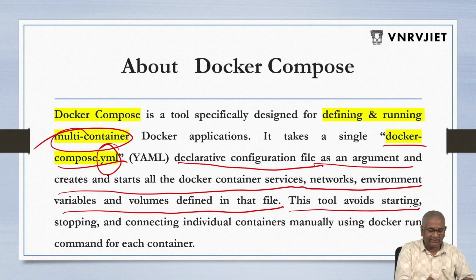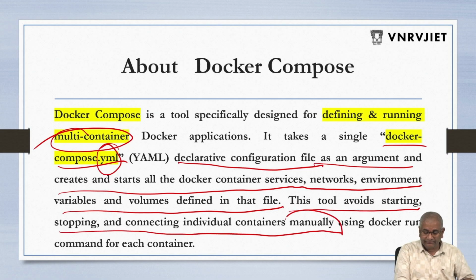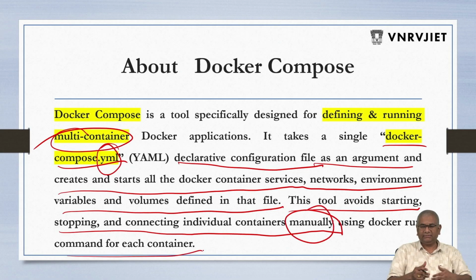This tool avoids starting, stopping, and connecting individual containers manually using the Docker run command for each container. So I think you understood the benefit of Docker Compose. Repeated things can be composed as one file and executed, right? That's pretty much the Docker Compose file. Especially when you have multiple containers; you can use it for a single container also, but it's more useful with multiple containers.